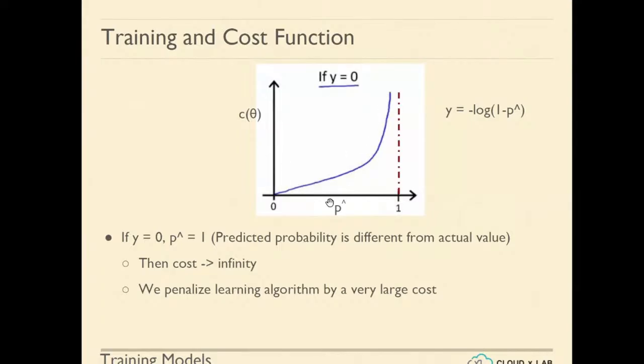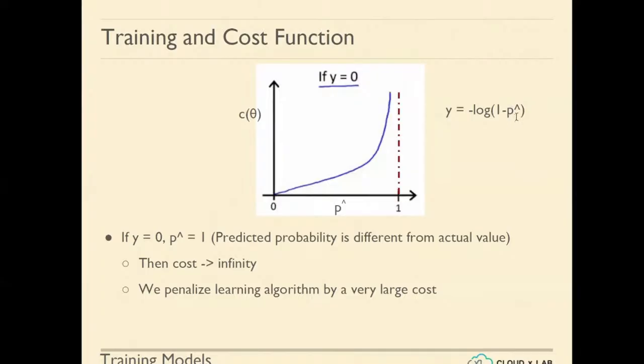Here the ground truth is y equal to 0, which means the actual class of the input is negative. Input belongs to the negative class, this is the ground truth. And if the model is also saying the negative class, which means p hat is a very small value, you will get a very small output probability.